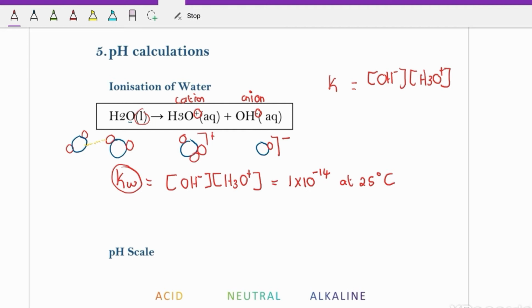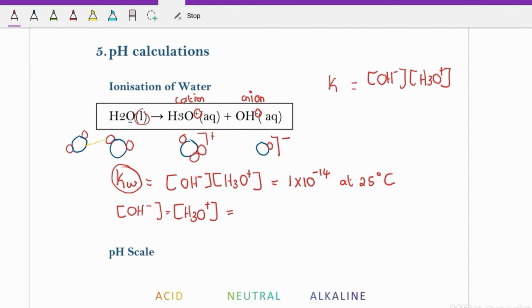So when you look at neutral water, or let's say you have a beaker, and inside of your beaker the amount of hydroxide ions is equal to the amount of hydronium ions. So in other words, the concentration of hydroxides is equal to the concentration of hydronium ions.